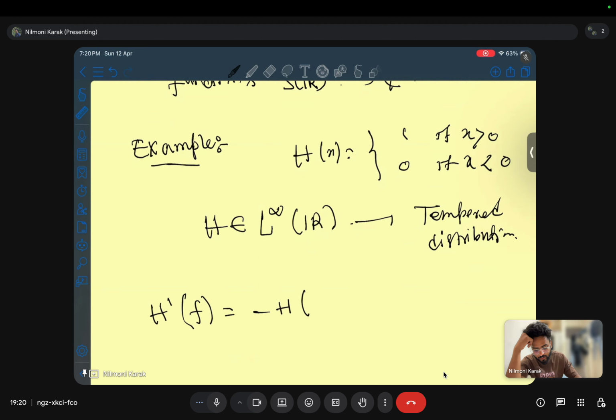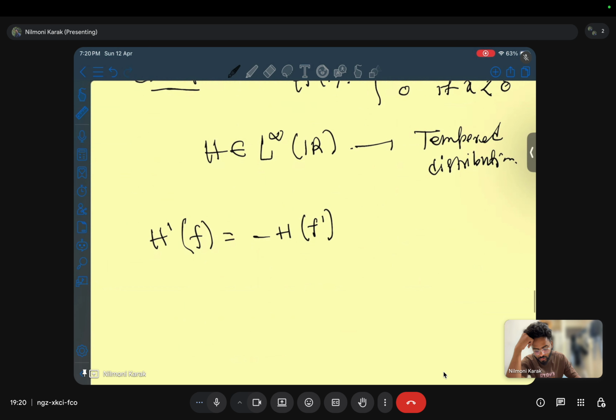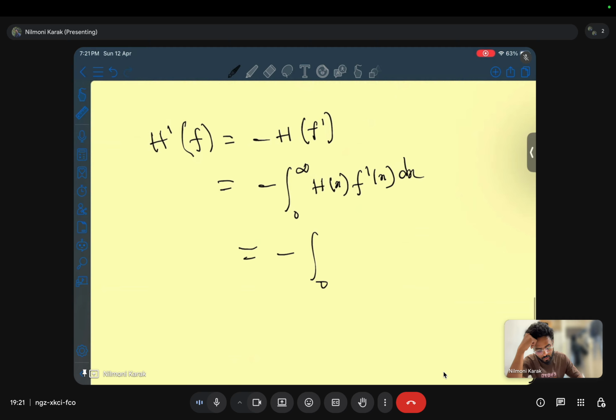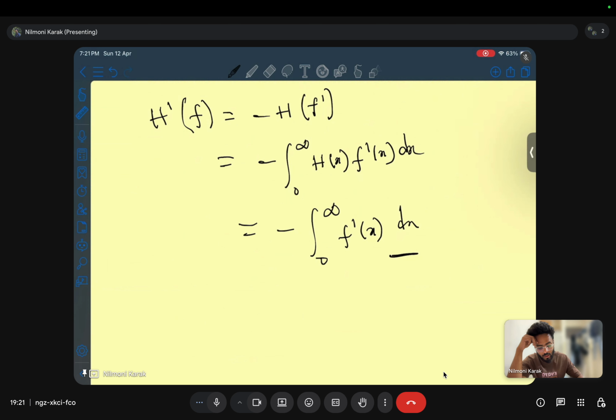This is minus h f dash, and due to this definition, minus the integral from 0 to infinity of h(x) f dash(x) dx, which is minus the integral from 0 to infinity of f dash(x) dx, and this is your f of 0, because f is in your S_R.